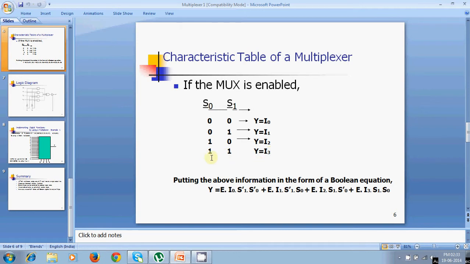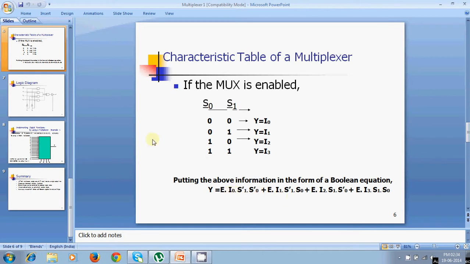From this characteristic table, we can write the Boolean equation, which is y equals E into I0 S1' S0' plus E into I1 S1' S0 plus E into I2 S1 S0' plus E into I3 S1 S0, where E represents the enable input, and S and I signify control inputs and input lines.